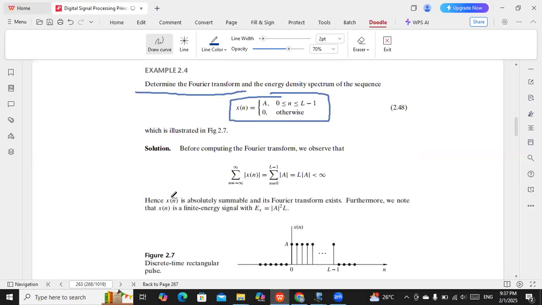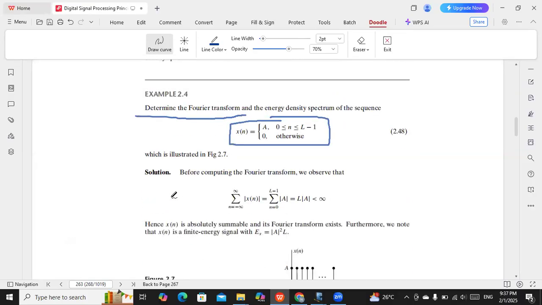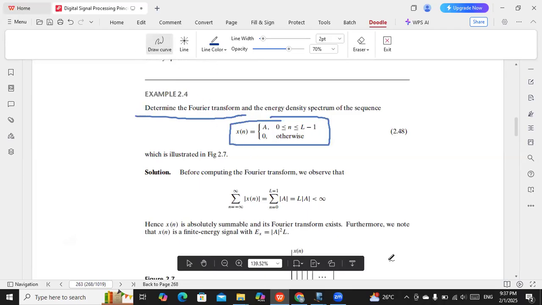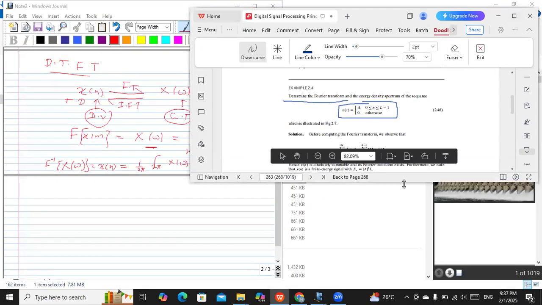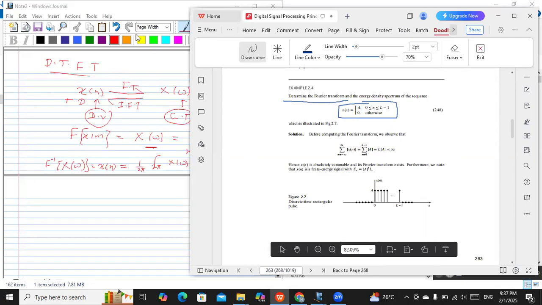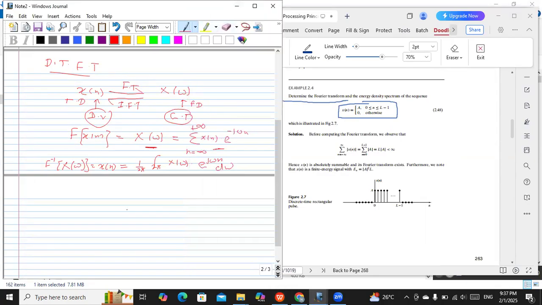If I just quickly do it, what you need to do is apply the Fourier transform for this question, that is x(n).